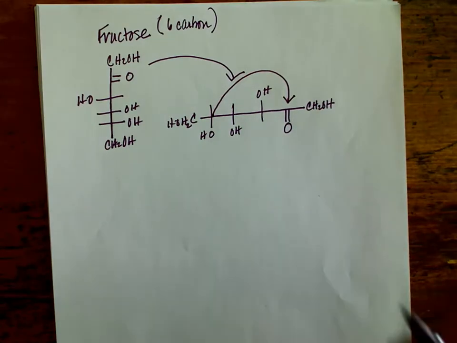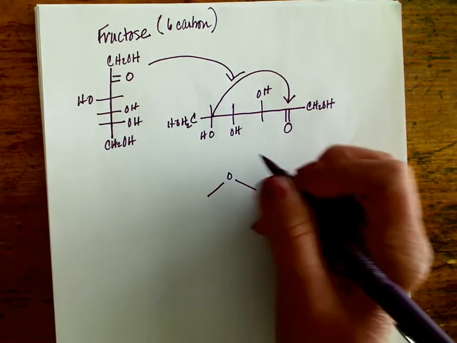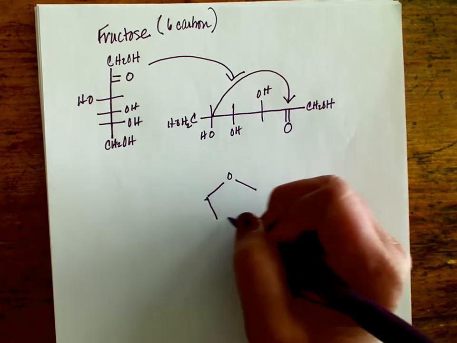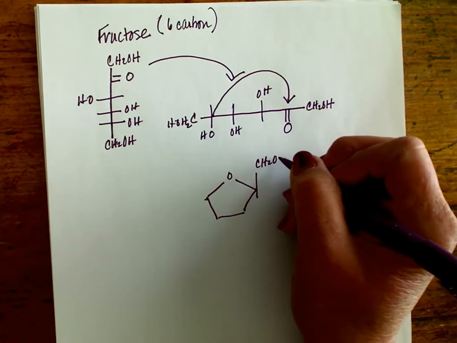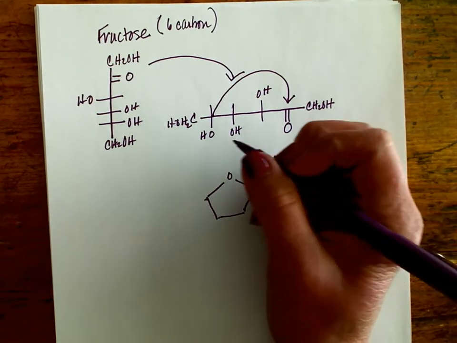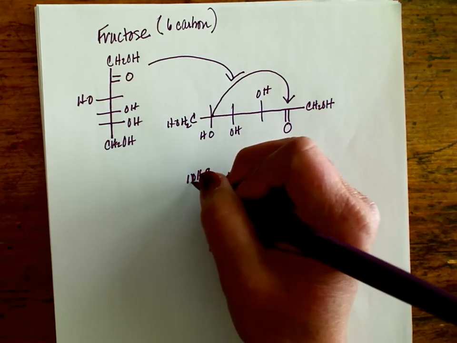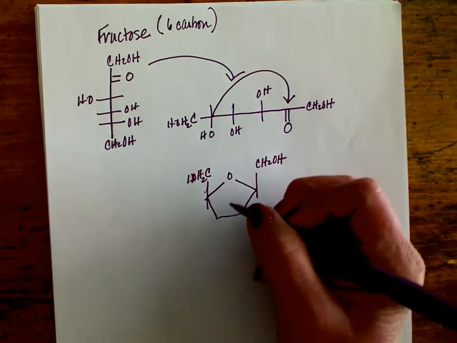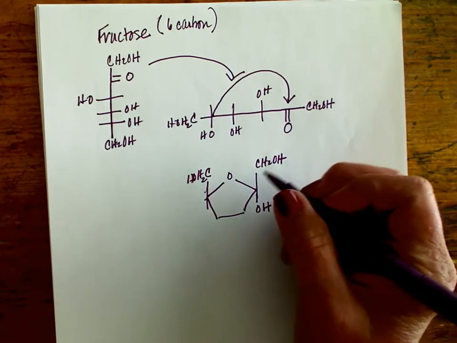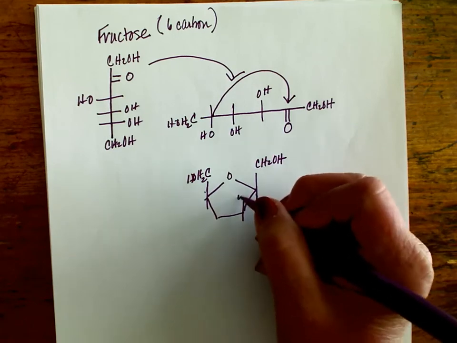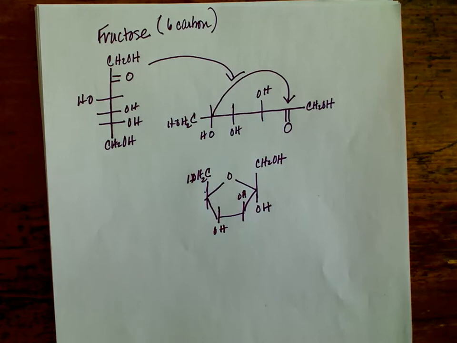And as a result, we have carbon 1, carbon 6, this is carbon 5, we have a hydroxyl group here, and that is cyclic fructose.